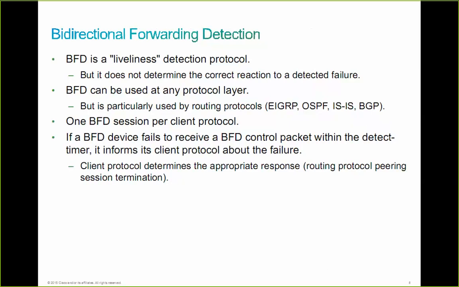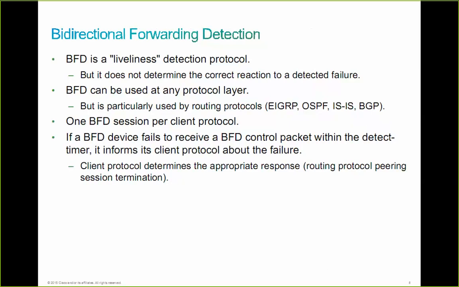The problem is routing protocols tend to talk at what layer? Layer 3, right? And in a lot of physical topology designs, a layer 2 failure doesn't necessarily mean that there's an immediate layer 3 failure. Frame relay is a perfect example of this.